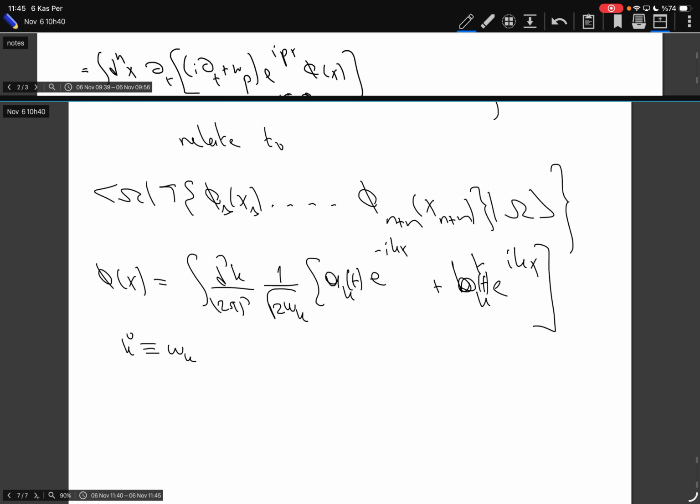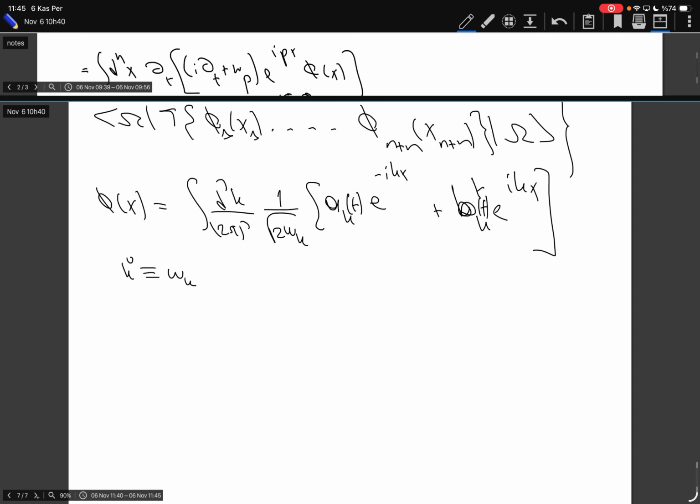Remember, in the interaction picture, we also separated the time dependence. Time evolution due to H0 was in the operators. Time evolution due to V was in the potential. Now here I'm making a similar separation of time dependences. Time dependence due to H0 is included in the exponent. Time evolution due to V is in the operators, a_k and a_k dagger, b_k dagger.